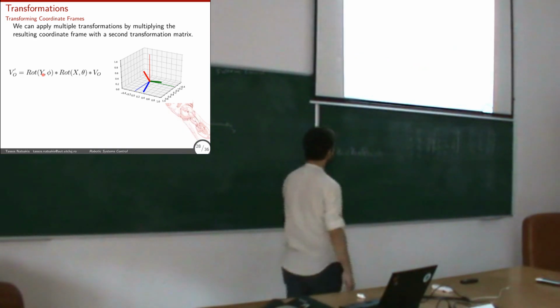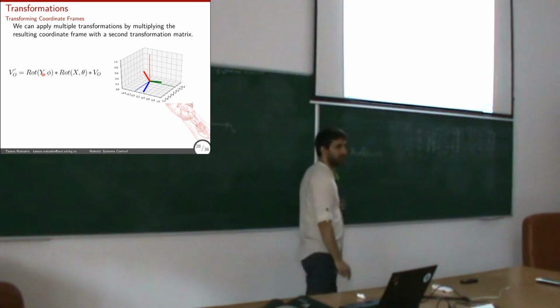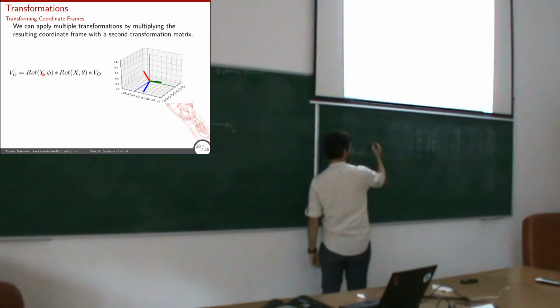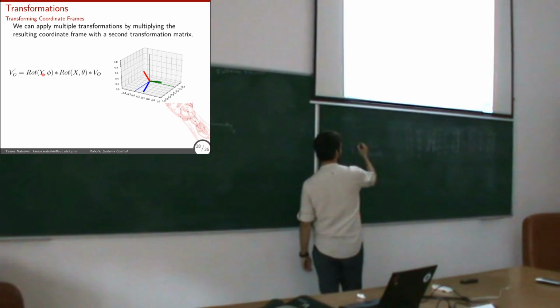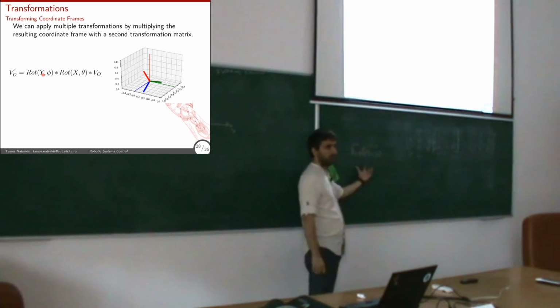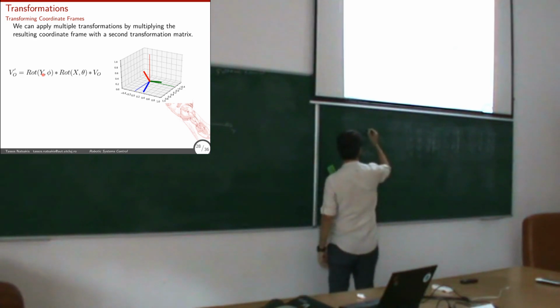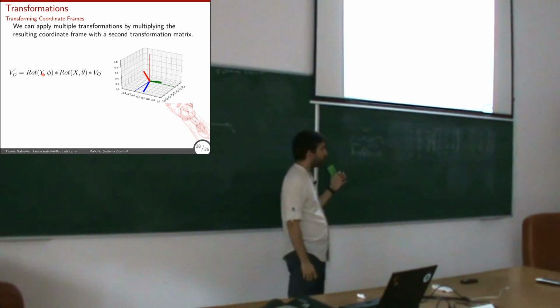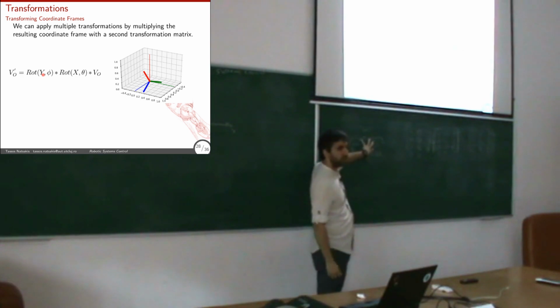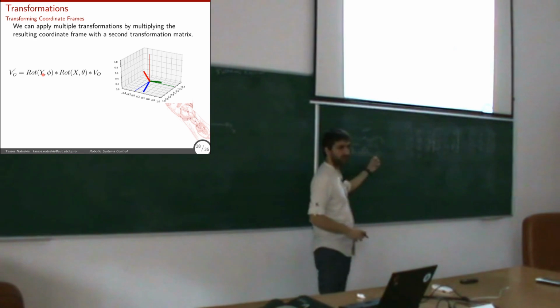Now, what is the result of these two, let's say? This is a 4x4, right? And this is another 4x4. So the result is a 4x4. So again, I could say that this is one composite transformation that is composed of two basic transformations. Okay.